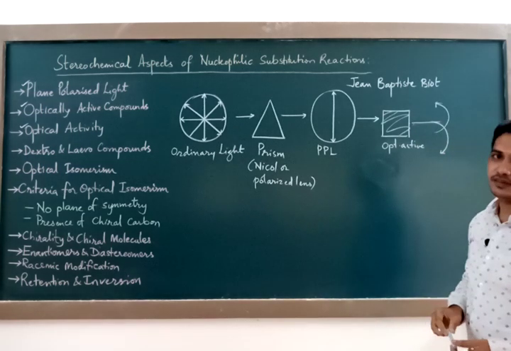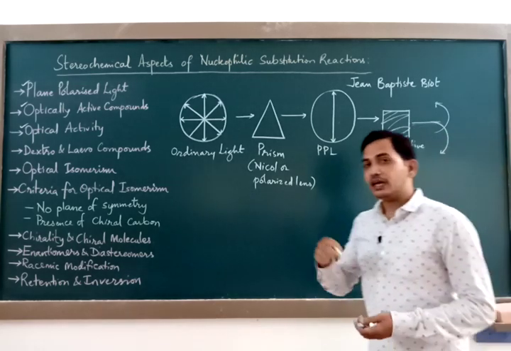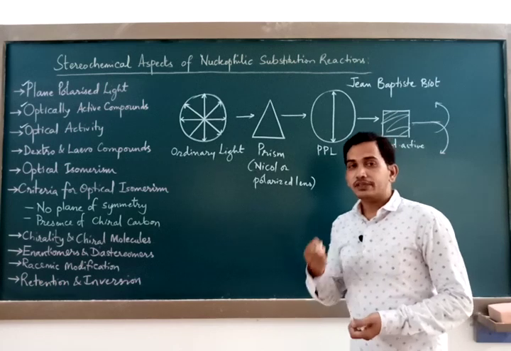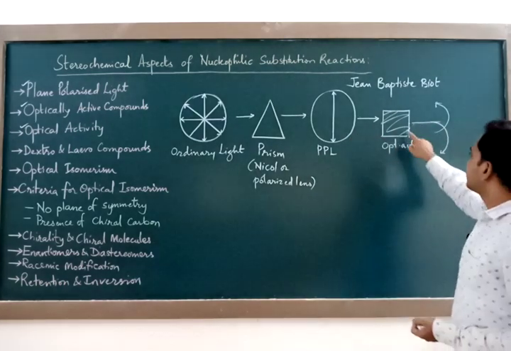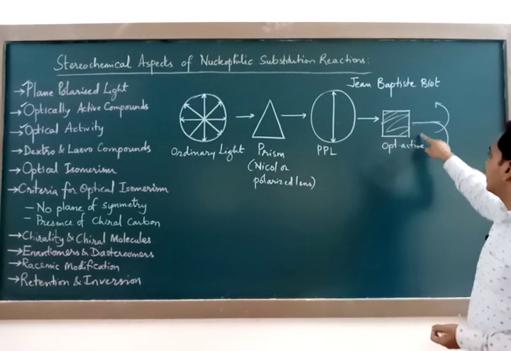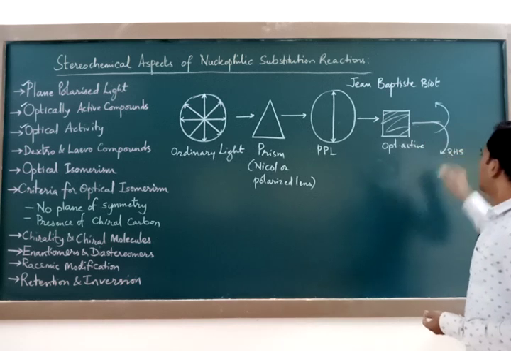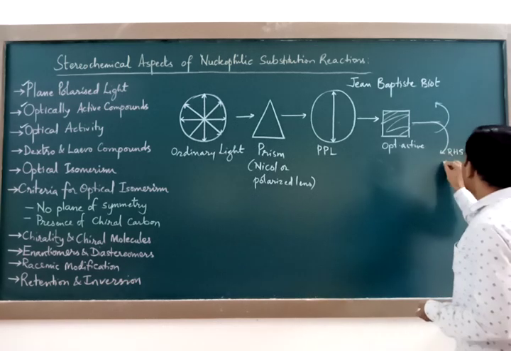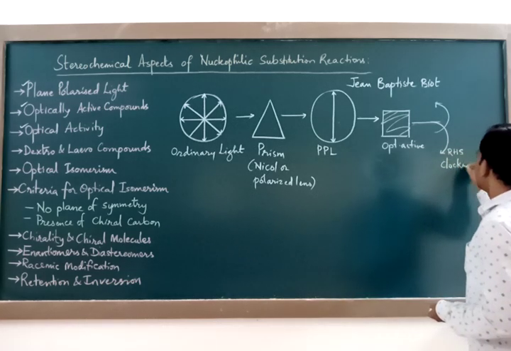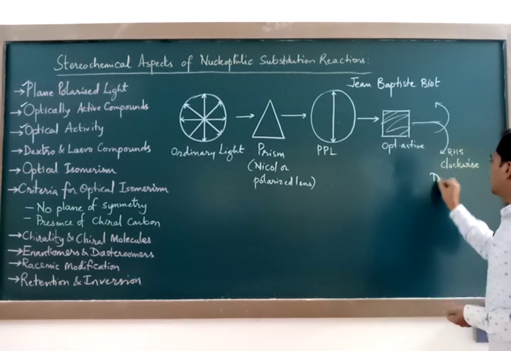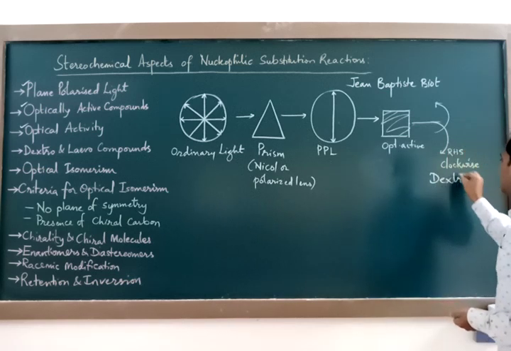There are two possible ways. If the plane polarized light, after coming out through the organic compound, gets rotated to the right hand side, or in the clockwise direction, then such compounds are called dextro compounds.